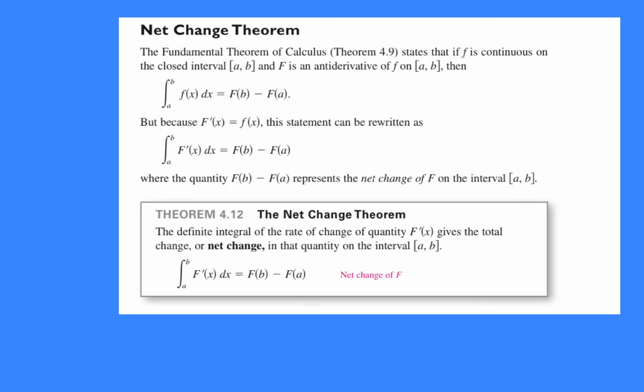So if you just substitute f of x by F prime of x, you will have the equation that the integral from a to b of F prime of x is F of b minus F of a. So the integral of the derivative is the change in the function, the net change of the function. And that's all.